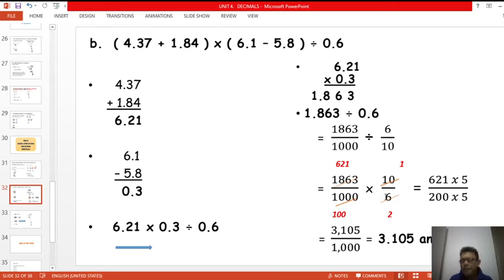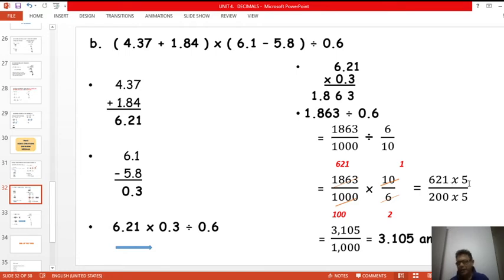And here you can divide this by 3, so we get 2, and here we can divide this by 3, we get 621. So that's actually the answer. 621 times 1 is 621, right? Then 100 times 2 is 200. So that's the result.